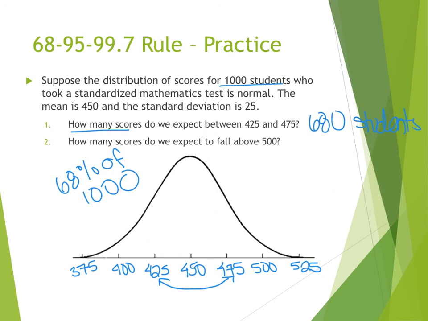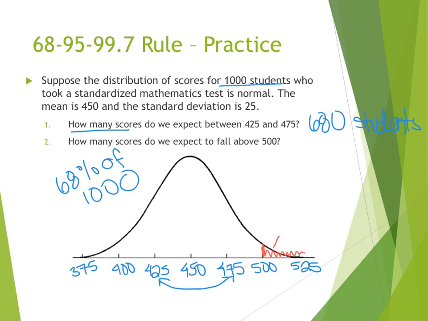And then we do the same thing for the next problem. It says how many scores do we expect to fall above 500? Above 500 is this area. That is 2 standard deviations above the mean.